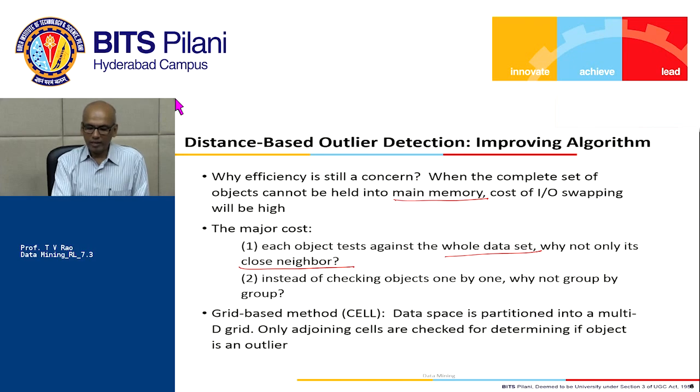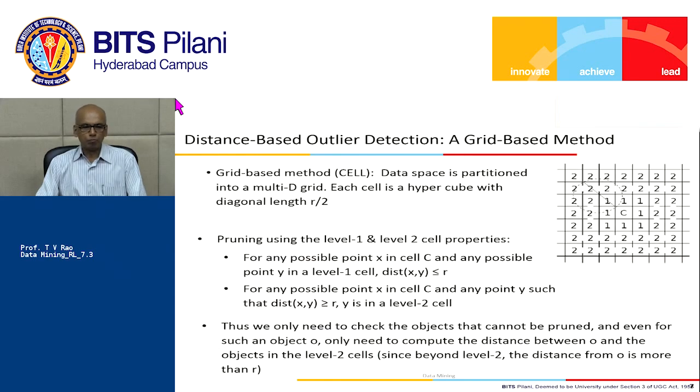And also we may take the advantage, instead of checking once we have divided the entire objects into the grids, so we have the groups of objects and we can compare group by group. So we have a grid-based method for finding out the distance-based outliers.